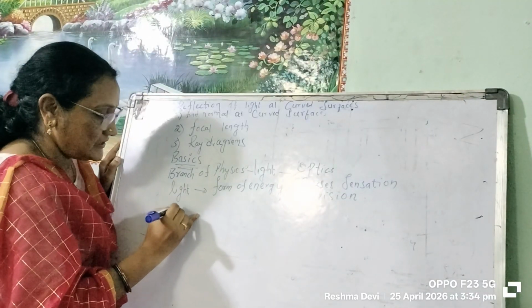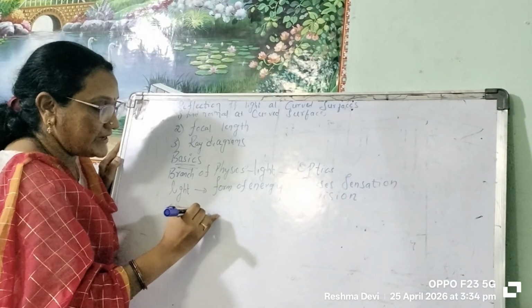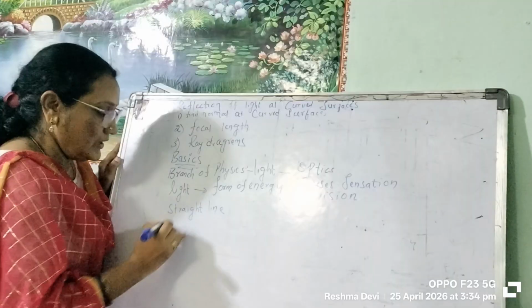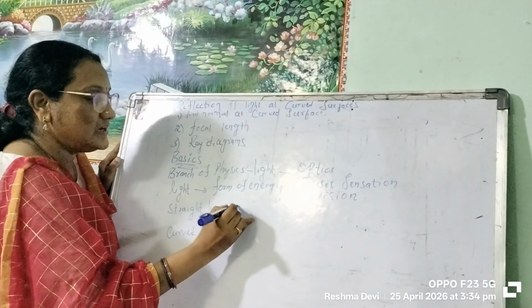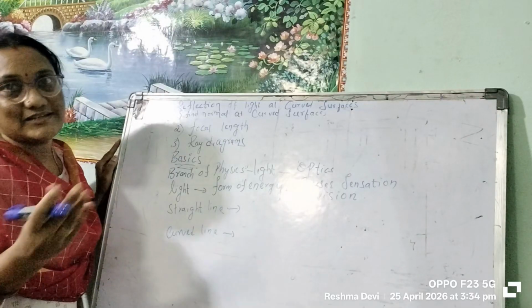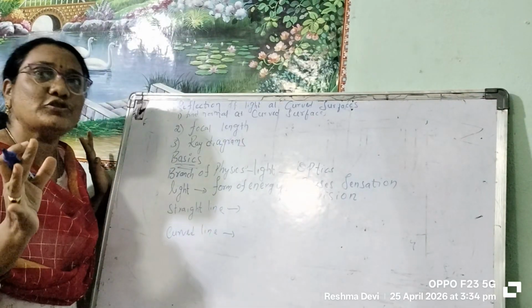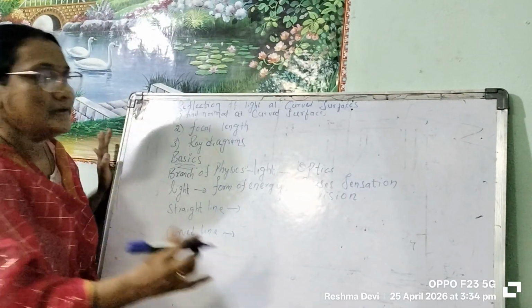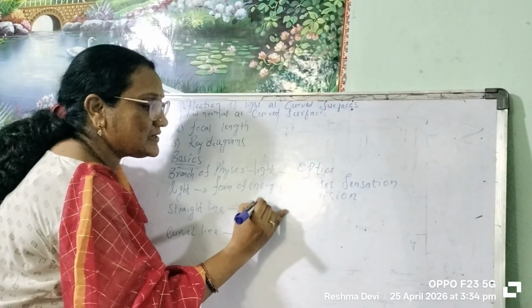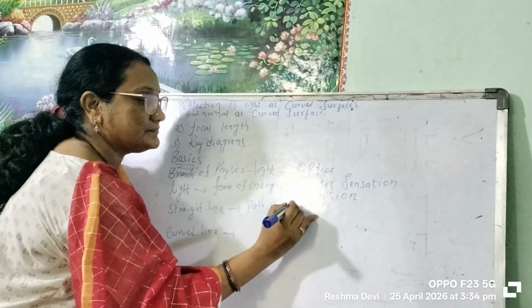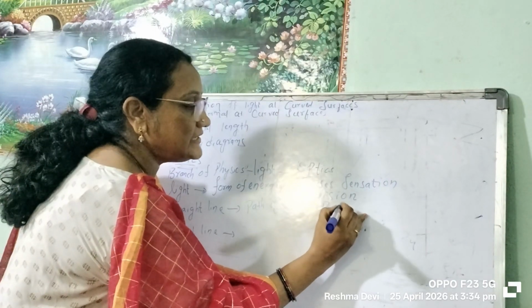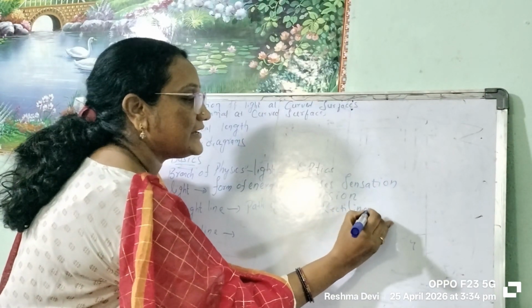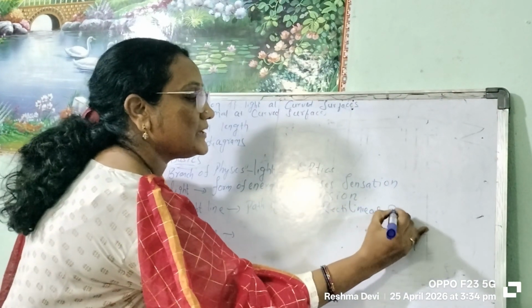Next is straight line and curved line. A straight line is nothing but the path of light. Light has rectilinear propagation.